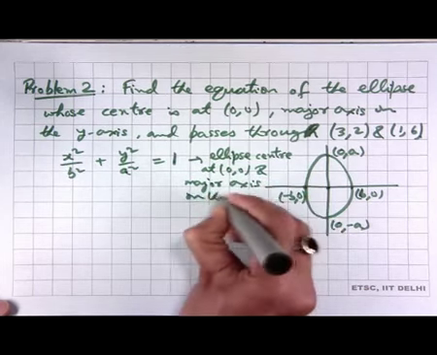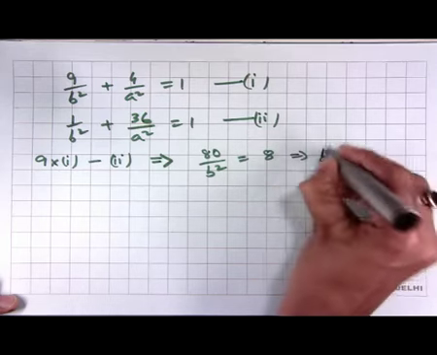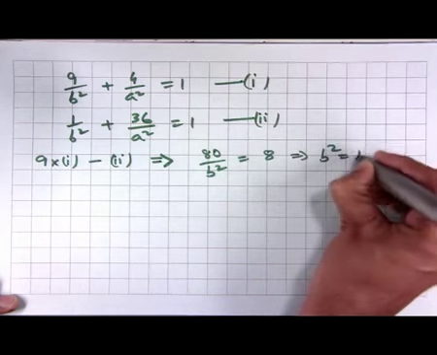So, if I do 9 times equation 1 minus equation 2, this will imply 81/b² minus 1/b², so 80/b² equal to 9 minus 1, which is 8. This implies b² is equal to 10.